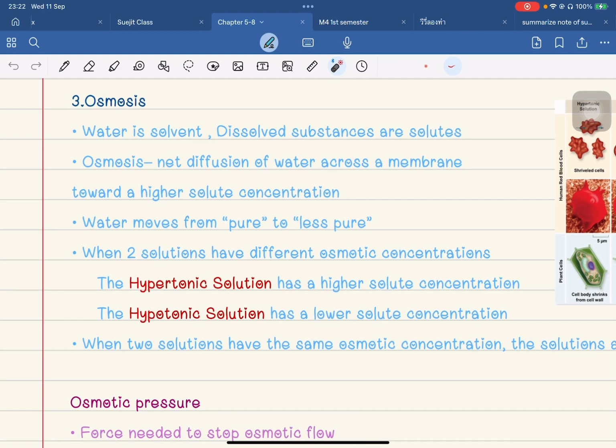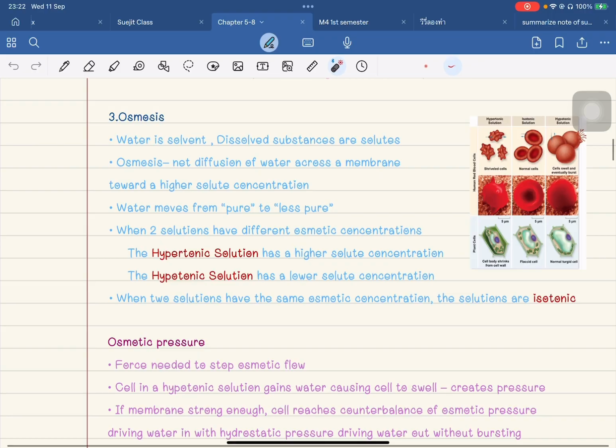In osmotic concentrations, we have different solutions. The first one is the hypertonic solution, which has a higher solute concentration, and the hypotonic solution, which has a lower solute concentration. If two solutions have the same osmotic concentration, the solution is called isotonic.